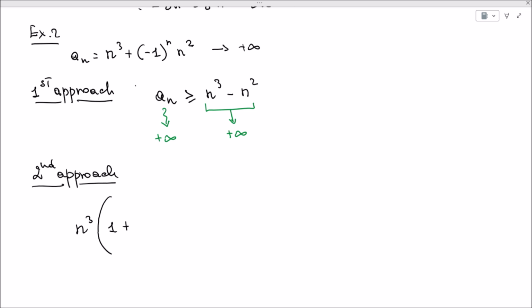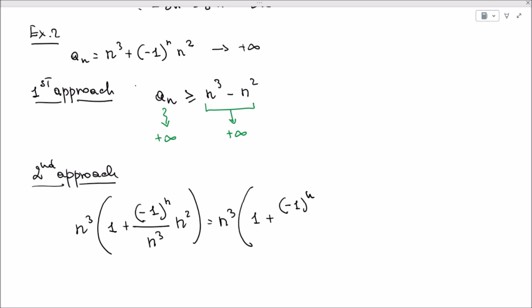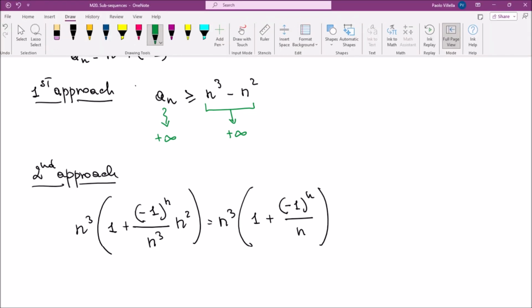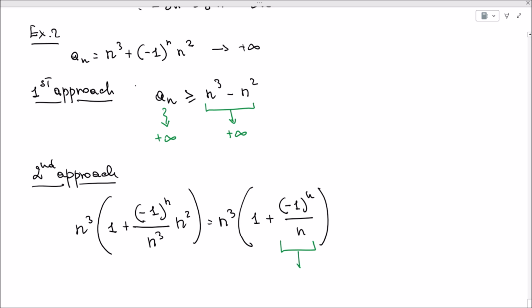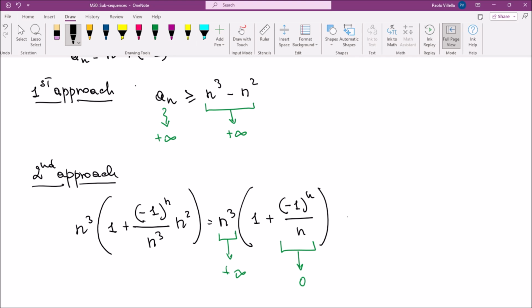Then we have plus (-1)^n divided by n cubed times n squared, which is equal to n cubed times 1 plus (-1)^n divided by n. But we clearly see that we can easily conclude that this will tend to 0.